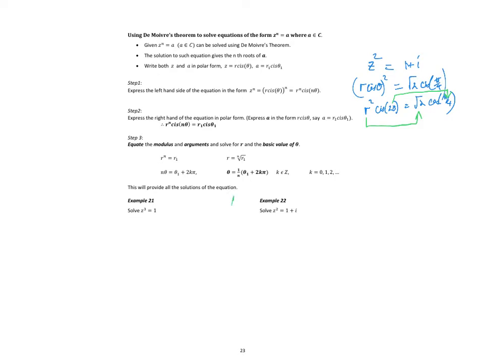So let's have a look. If z cubed is equal to 1, then z is r cis theta, all cubed. 1 in polar form is 1 cis 0, which gives me the point 1, 0. Now the left-hand side, using de Moivre's theorem, is r cubed cis 3 theta equals 1 cis 0.